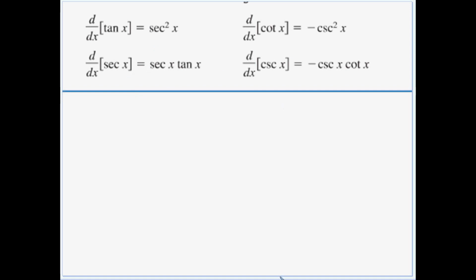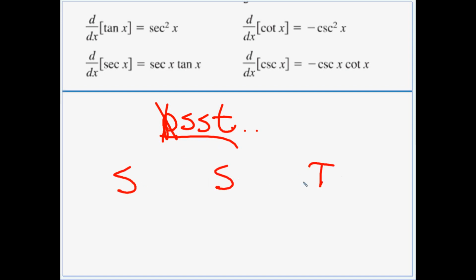Let's say you're taking a test and you don't remember the derivative of tangent, so you're trying to cheat, trying to discreetly get the attention of the person sitting closest to you by saying psst, psst. Well, let's drop off the letter P. SST. Secant, secant, tangent.